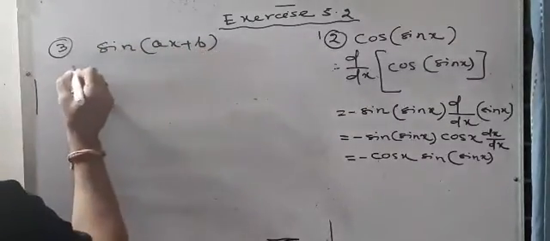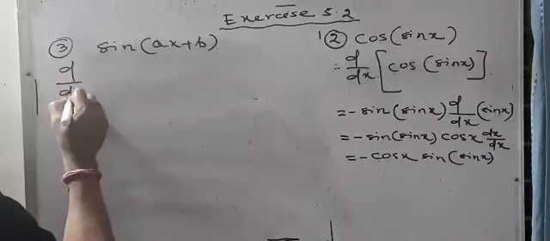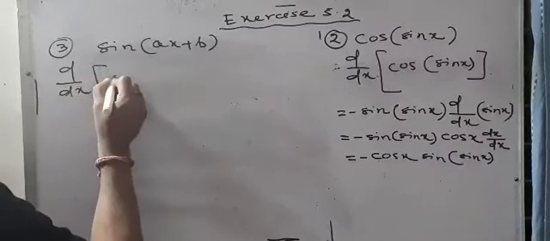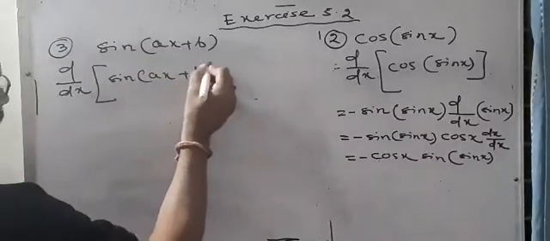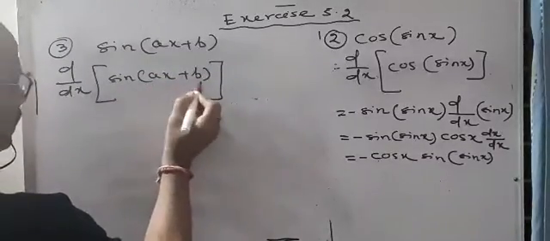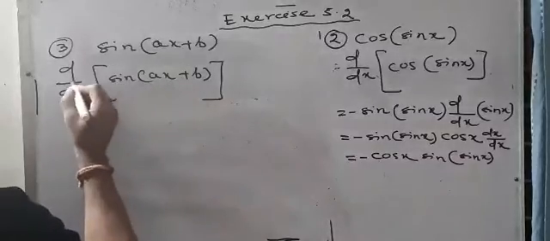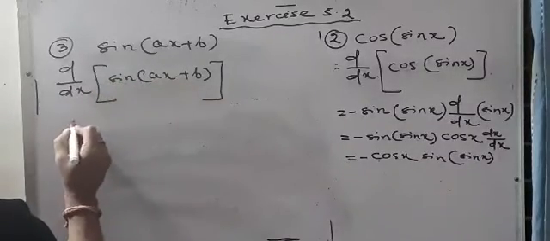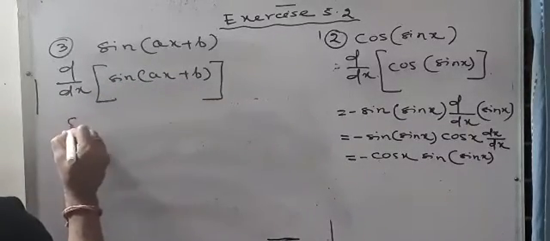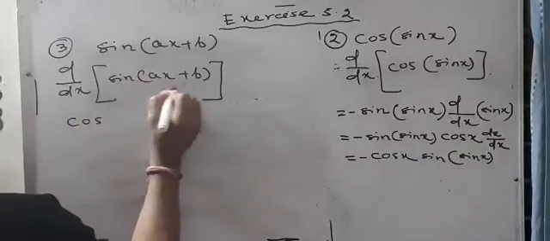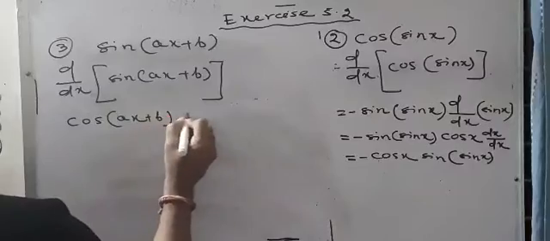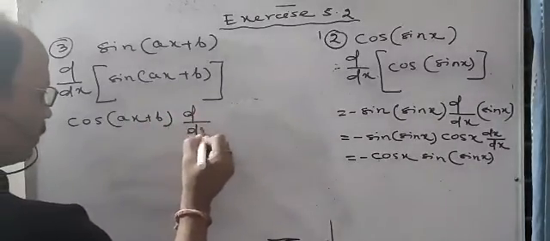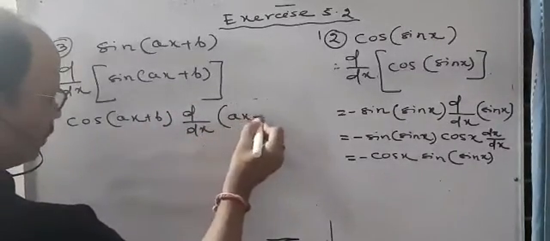Same process: d/dx of sin(ax + b). So first we have to take ax + b as θ. So differentiation of sin θ will be cos θ. So cos θ means cos(ax + b). Okay. Then d/dx of ax + b.